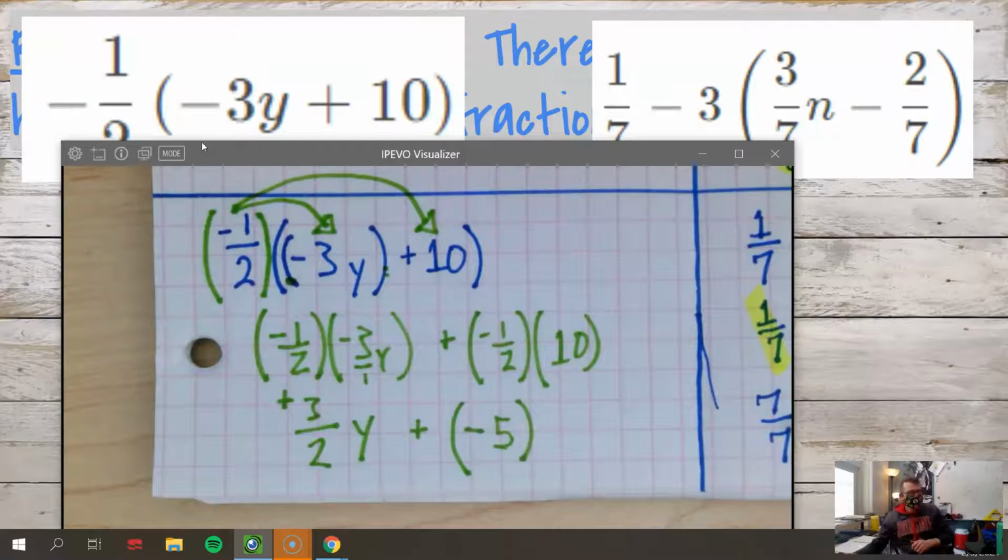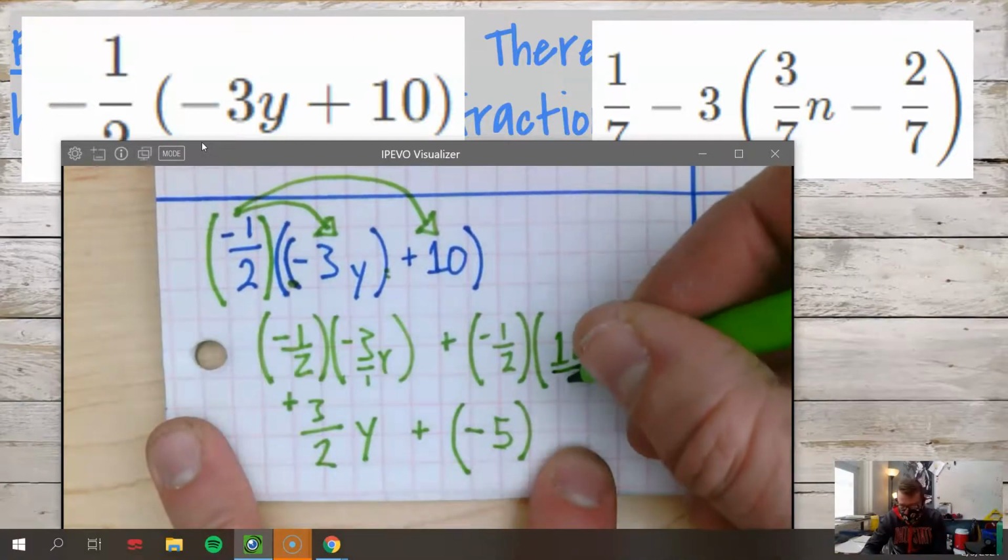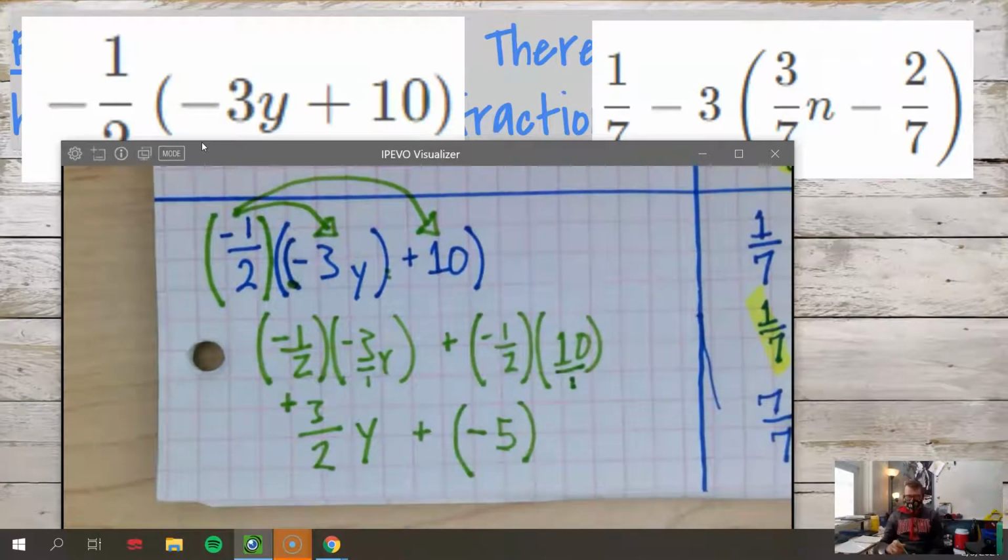When we're dealing with fractions, we might as well make everything fractions, so that we can then do numerator times numerator, denominator times denominator.